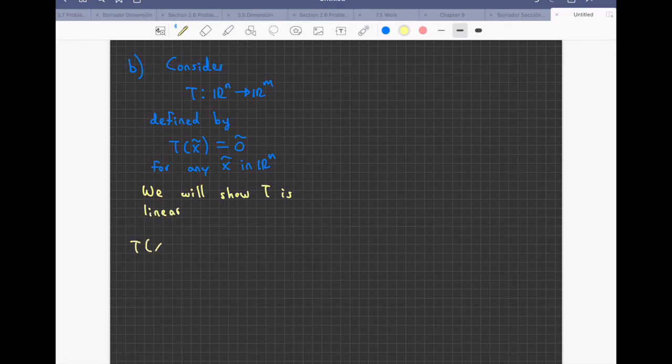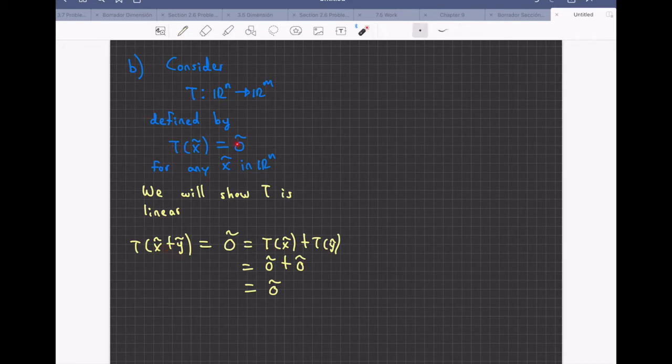Because T of x plus y is equal to the zero vector, or what is the same, T of x plus T of y, because these two are the zero vector as well, and the zero vector plus the zero vector is the zero vector. The key is that no matter what you introduce into this transformation, it always returns the same. So this is property number one.